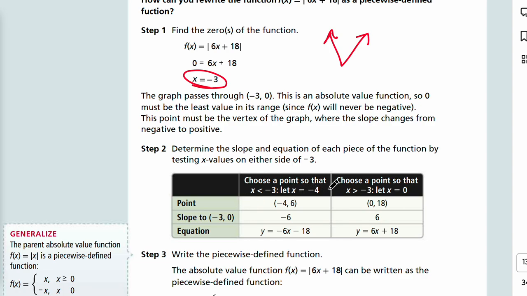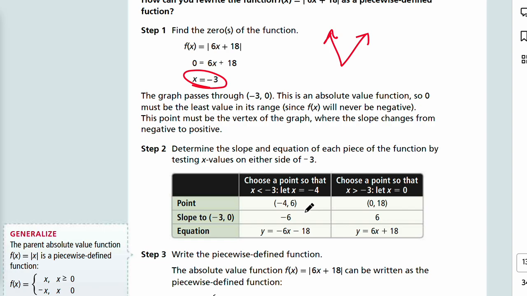So choose a point. So let's pick -4 and we'll pick 0, and then -4 is less than -3. And if we solve for f of x using substitution, we will get -4, 6. That means we have a point -4, 6.